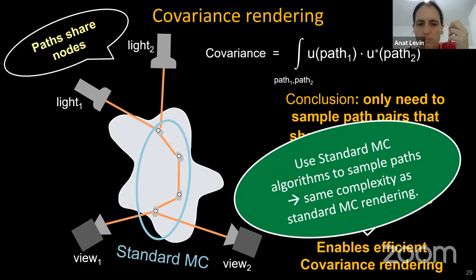And in the Monte Carlo literature, a lot of smart algorithms have been developed, and we can essentially use all this wisdom and adapt it to our problem in rendering covariance matrices, because we sample this path exactly in the same way that people have been sampling it when they do Monte Carlo for intensity rendering. So this is a very important observation: you need to sample only paths that share all their nodes.